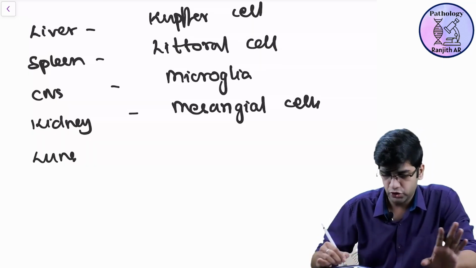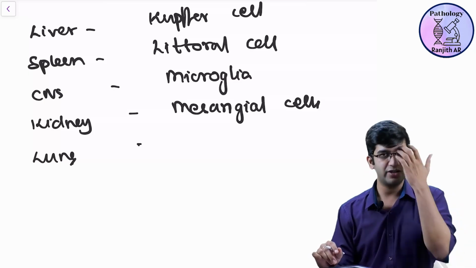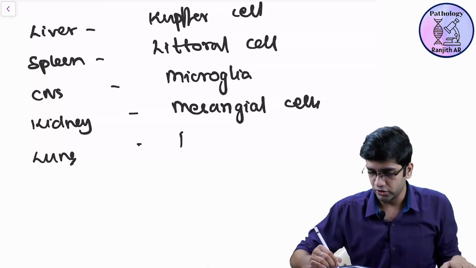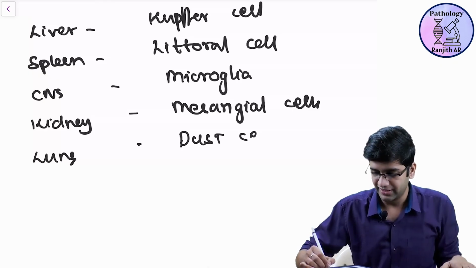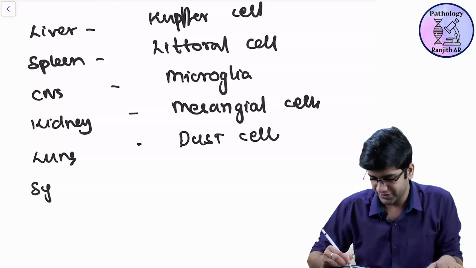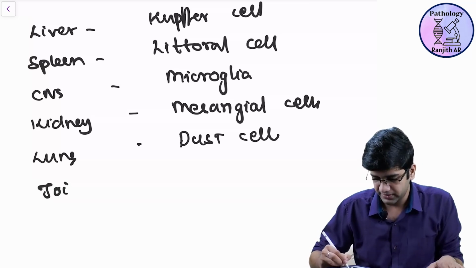In the lung, I'm just going to call it macrophage only, but with a slightly different name because of its function. They absorb all the things we inhale, so they're also called dust cells. It's just fancy terminology, nothing much. In the synovial lining or joint space, what are the macrophages?